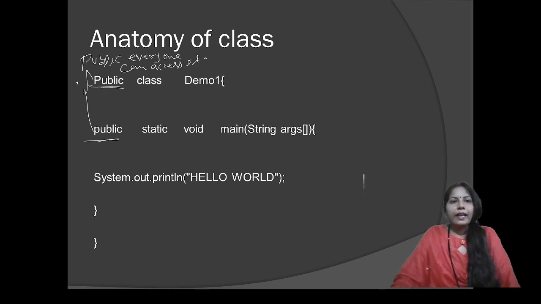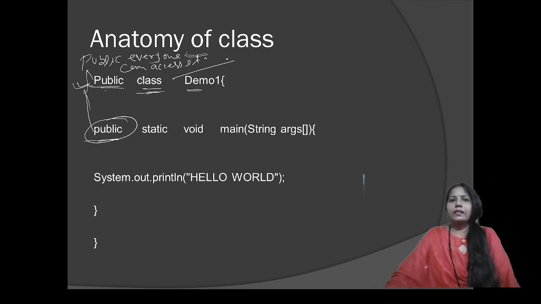If you declare the class as private, or protected, then your class cannot be accessed publicly. So here we use public so that everyone can access this class Demo. This public means everyone can access it.